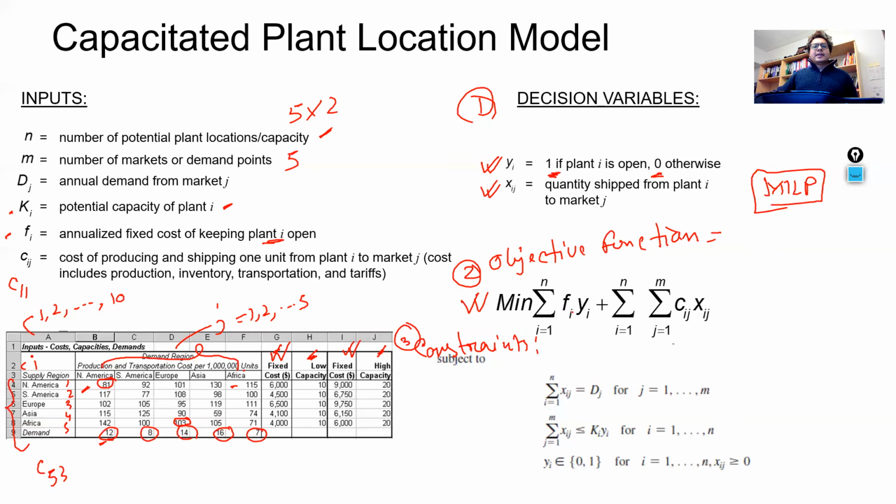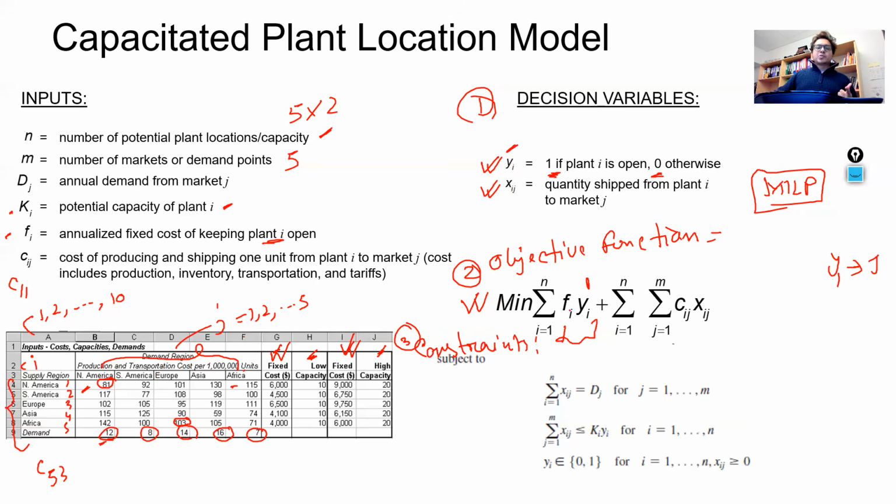Now if I multiply with yi, this part gives us the fixed cost of having each of the plants open or closed. So it refers to this cost. For example, when the value of yi is 1, let's say y1, and the value is 1, that would mean North America.